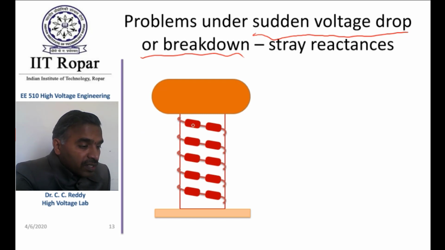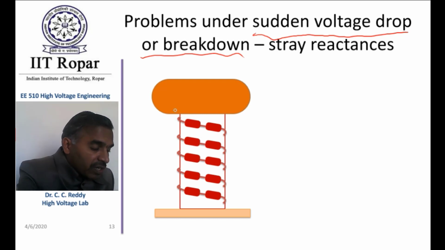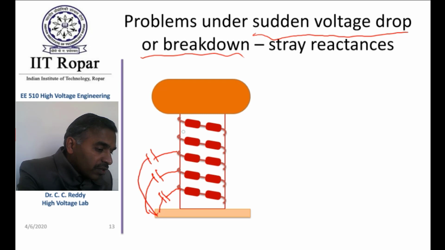So in this case, stray capacitances will come into picture, unless the resistors are wire bound resistors. That is a different story. Now we'll come back to that again. So the stray capacitances are of 3-4 types. Here the stray capacitance of each element to ground, like this, like this, like this.